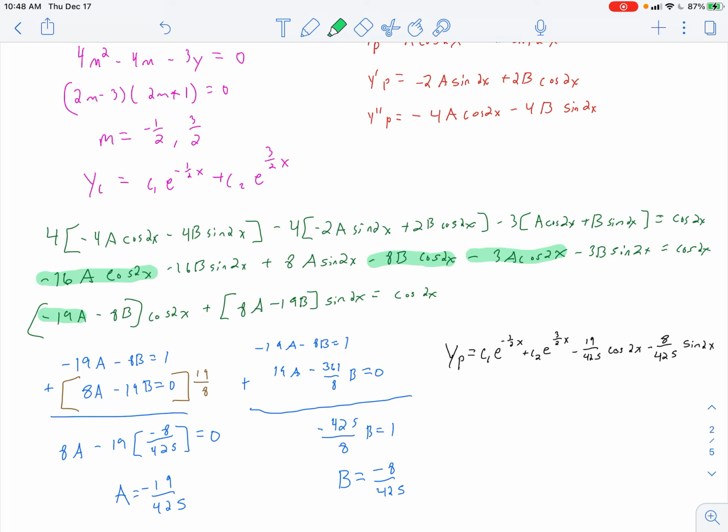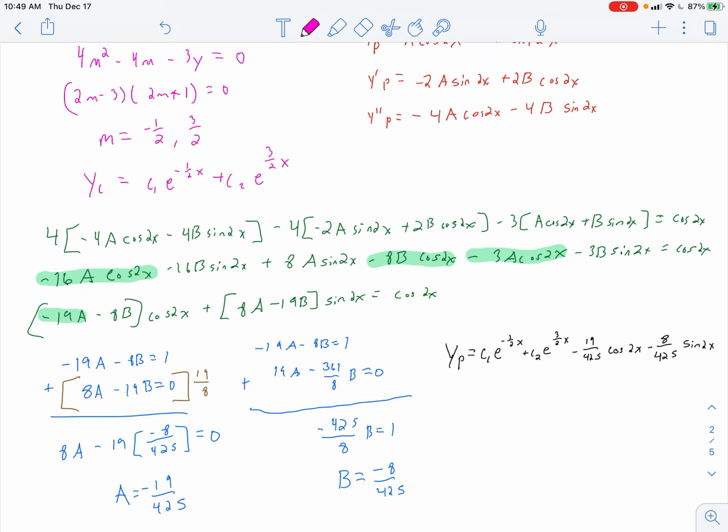Now I group those together so that I have negative 19a minus 8b times cosine 2x. The reason is that this is supposed to be the coefficient of cosine 2x. What's the coefficient there? There's nothing there, so it has to be 1.